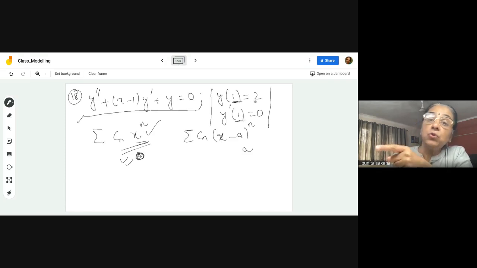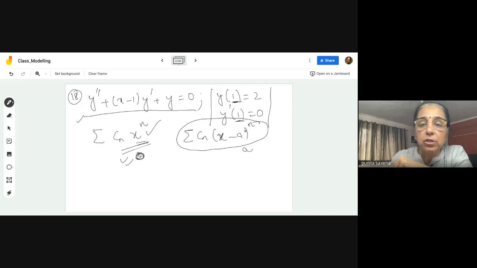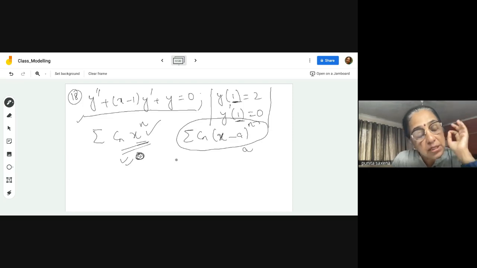So in order to use these initial conditions, I should have a series solution in this form. Then only I'll be able to. Why? Because it has been proved that to solve an initial value problem, we need a series expansion of the general solution at the point where the initial conditions are specified. So just keep this in mind.